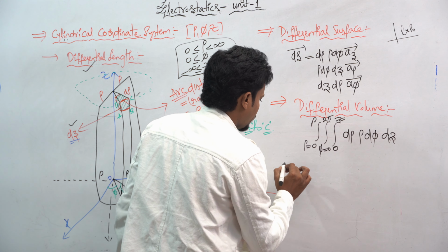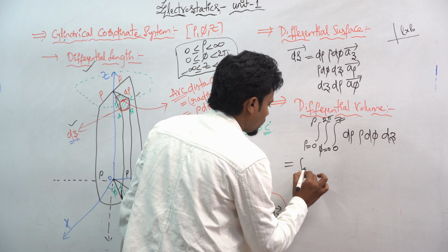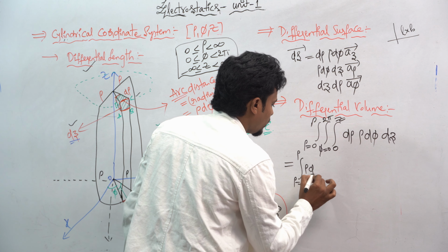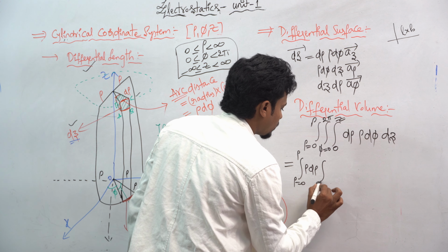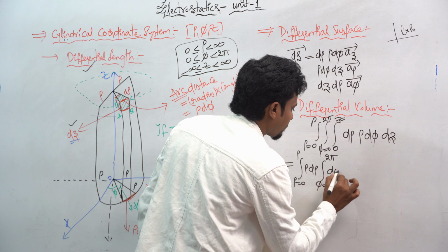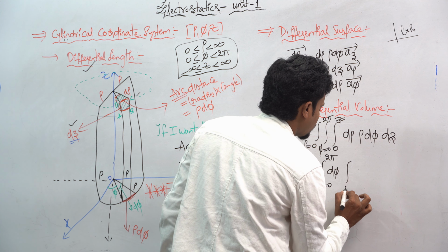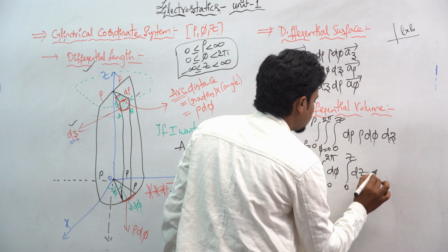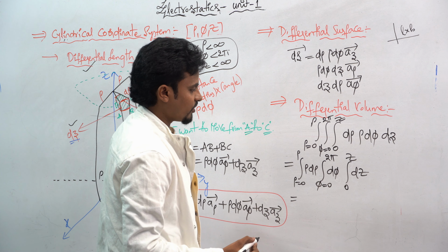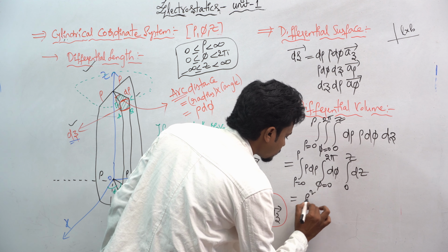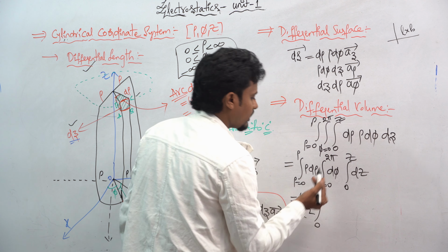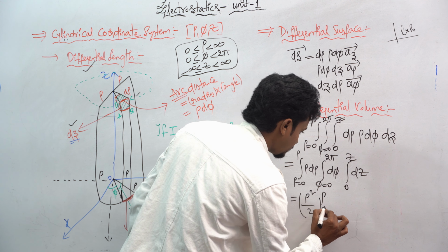Now what will happen if you apply the integration? This will become the integral of rho from 0 to rho of rho d rho, times the integral of phi from 0 to 2 pi of d phi, times the integral from 0 to z of dz. If you integrate rho, this will become rho square by 2 from 0 to rho, and for the others differentiation and integration cancel each other.